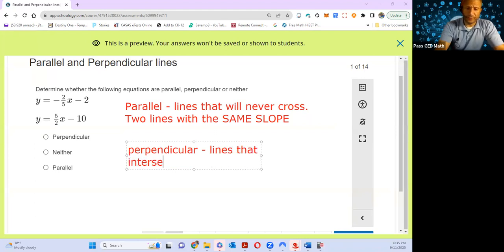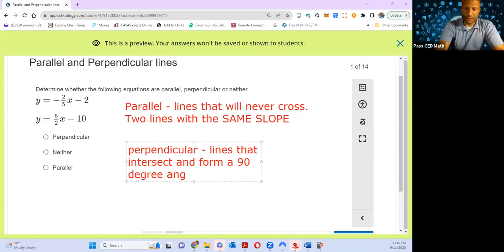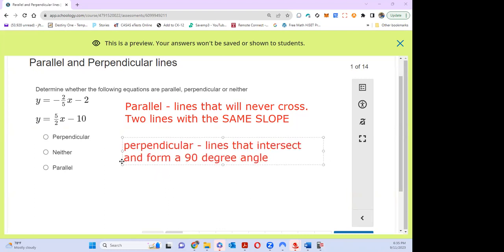Anybody know? Oh, they intersect. No, not just that they intersect. It's more than just intersecting. They come at a 90-degree angle.